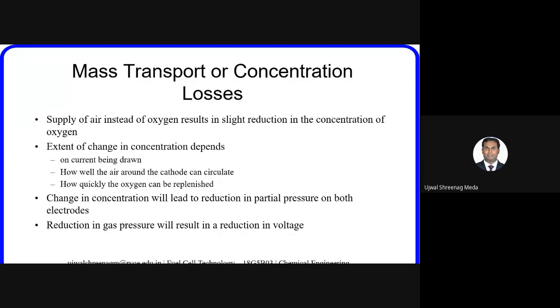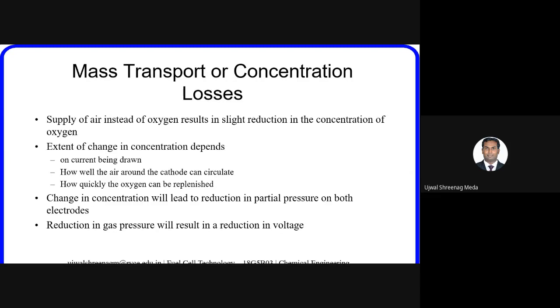If the rate at which the fuel or oxidant is supplied is less than the rate at which it is consumed, that will lead to concentration loss. So this could be because of the mechanism with which this fuel and oxidant is supplied.